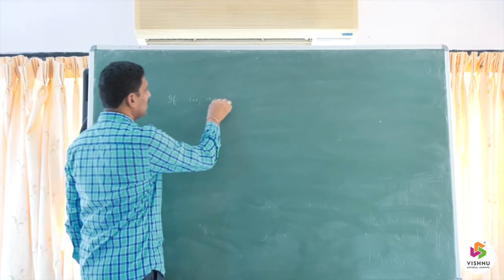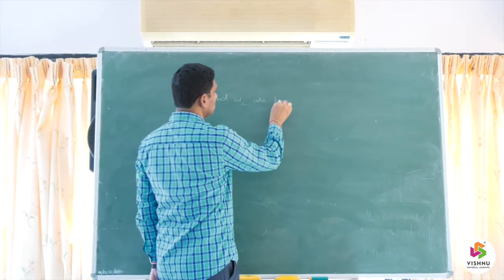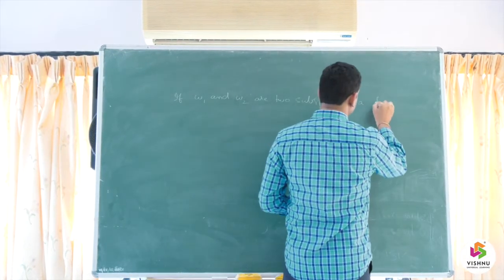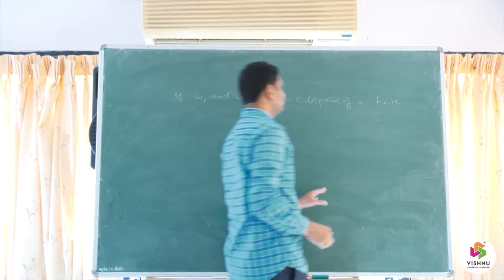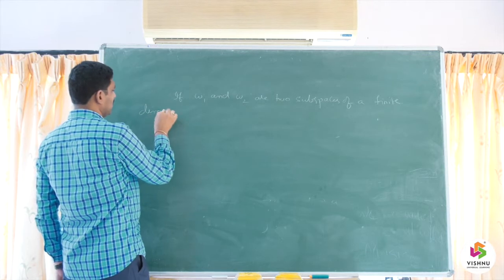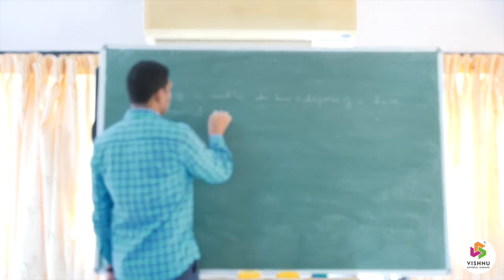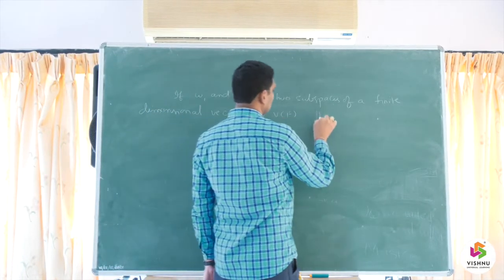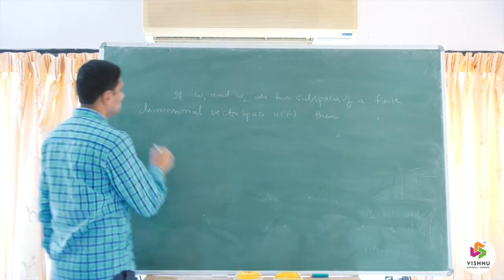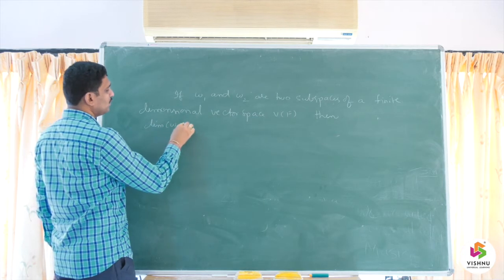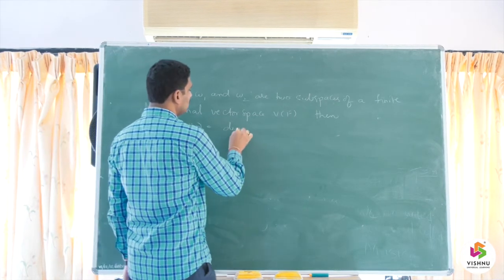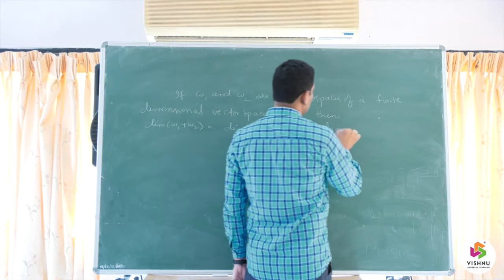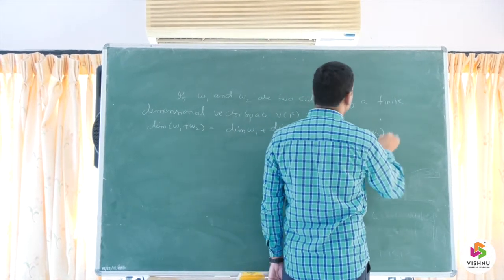If W1 and W2 are two subspaces of a finite dimensional vector space V of F, then dimension of W1 plus W2 equals dimension of W1 plus dimension of W2 minus dimension of W1 intersection W2.